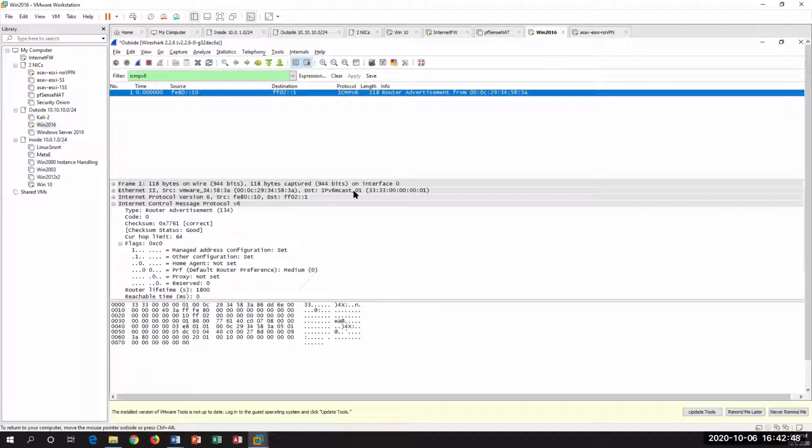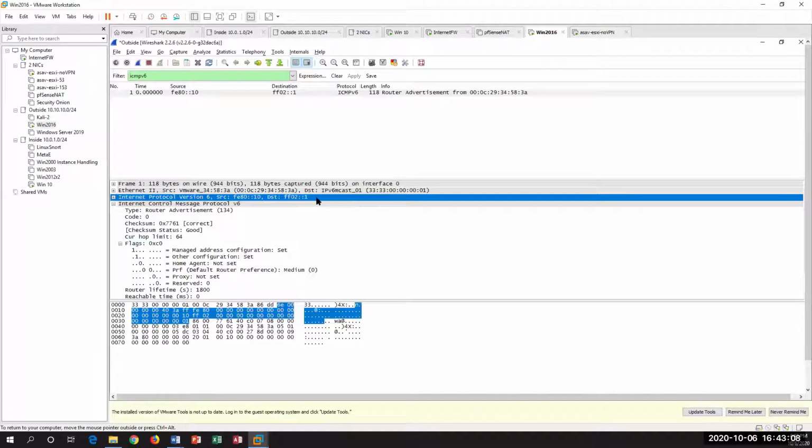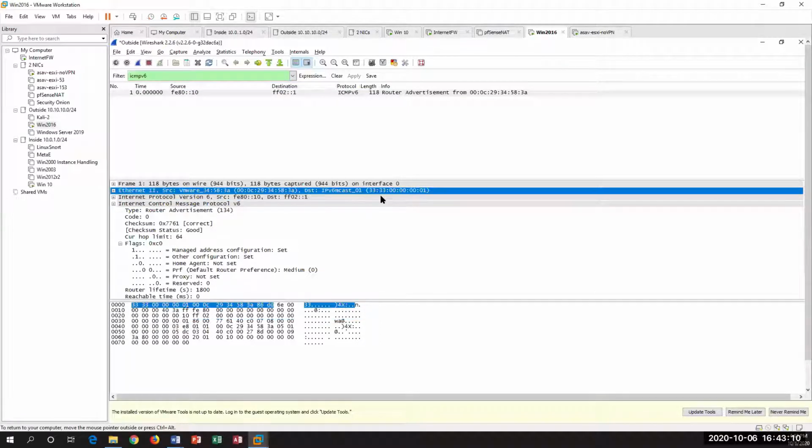Okay, so this concludes our discussion of neighbor discovery. We covered the neighbor solicitation, neighbor advertisement, router solicitation and router advertisement. And you can see the multicast address and the layer 2 multicast address.